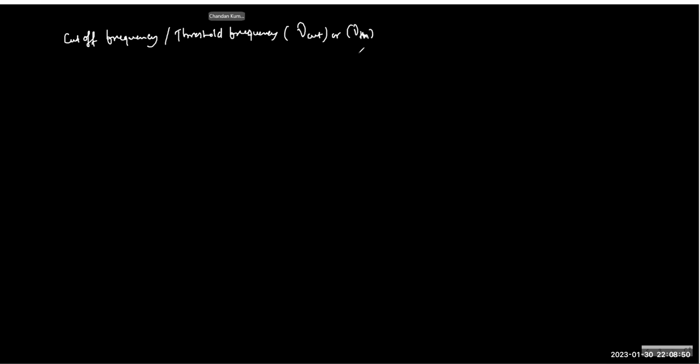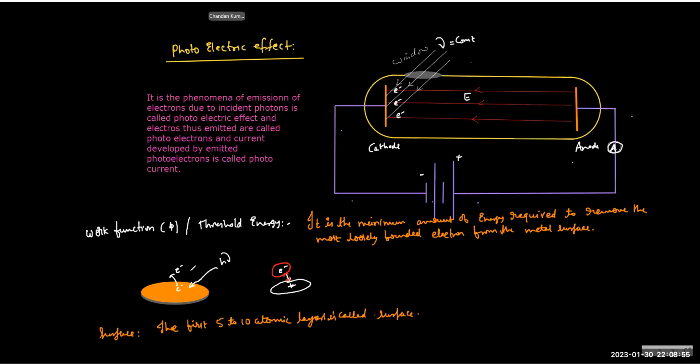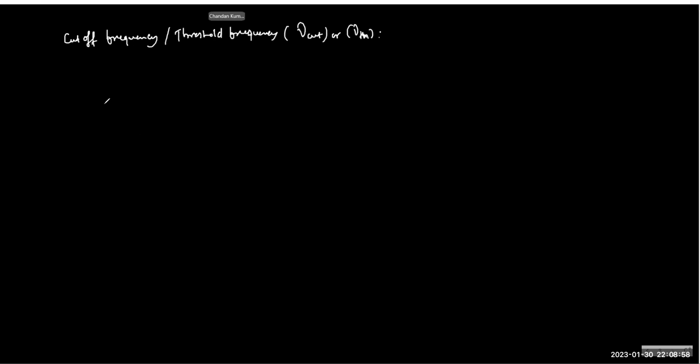We can write it as nu TH for threshold, because the work function we define by the symbol phi, and phi represents energy actually. Null means you have nothing, nothing means no kinetic energy. If you give only this much energy, then for sure you cannot have extra energy. So if I equate phi with some photon energy, h nu, then this nu is called the threshold frequency.